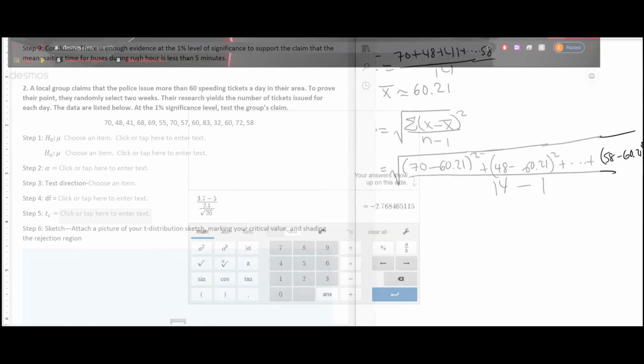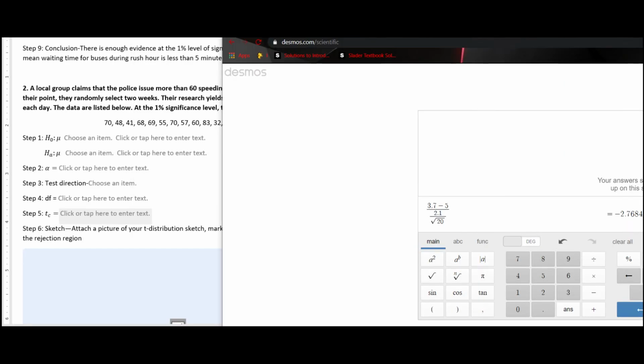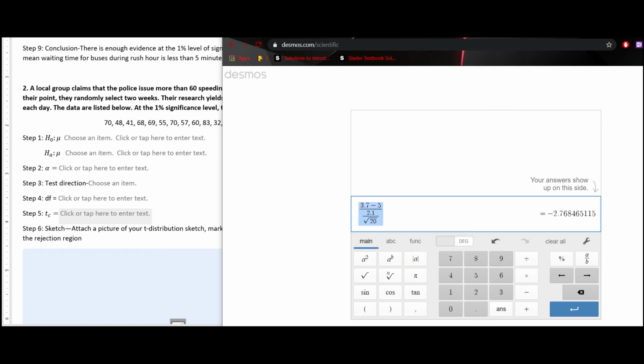Okay, again, it's simple to do this if you have Desmos. So I would suggest doing it on Desmos or on any calculator. A lot of calculators will do this stuff for you as well. So we're going to do the square root. We've got a fraction, so you could do a fraction bar right here. All right, I'm going to do parentheses, 70 minus, I forgot what my x bar is.